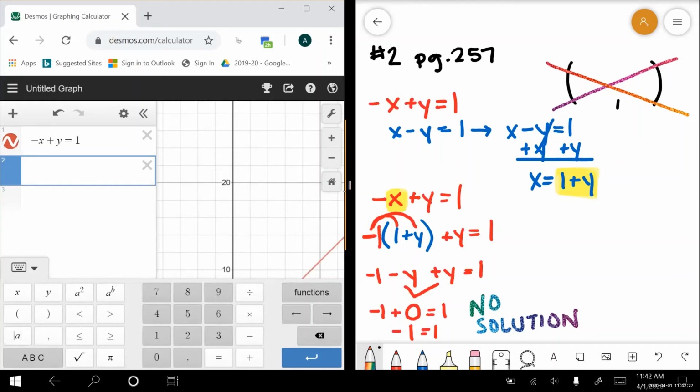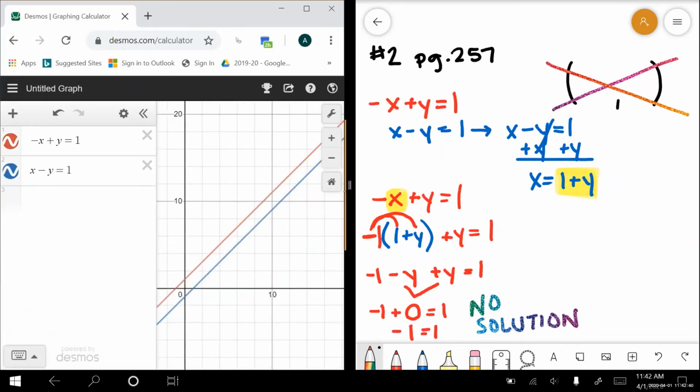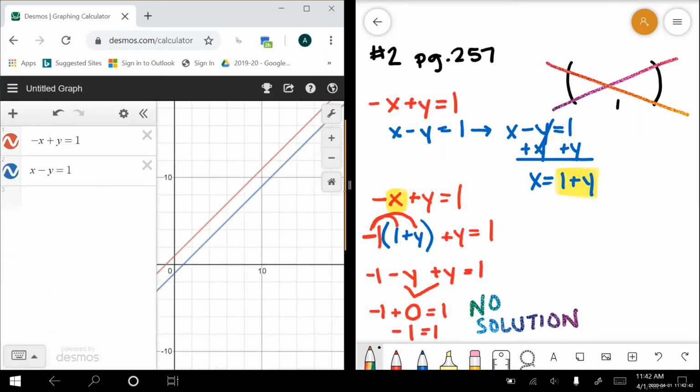If I have something that's no solution, what do you think those two lines should look like? If you're thinking in your mind a very special word that we practiced in class called parallel, then you were absolutely right. If I have no solution, the two lines are parallel.